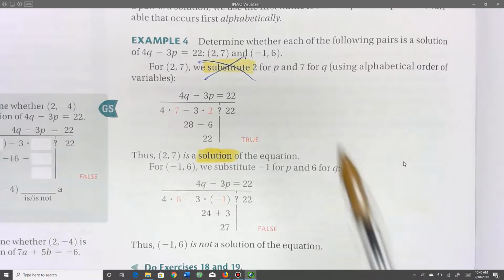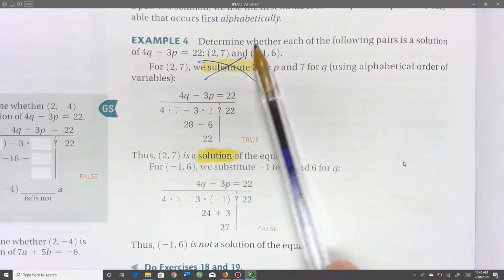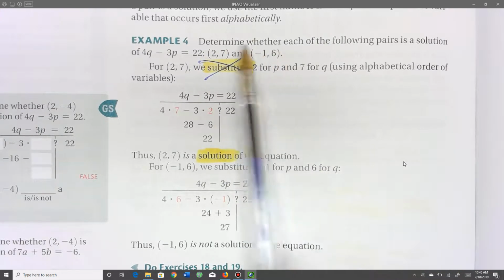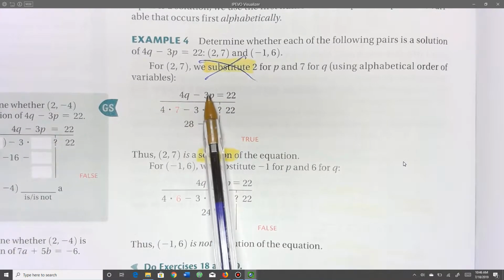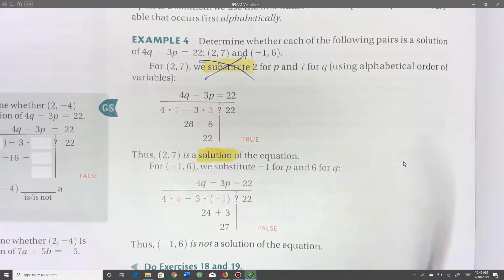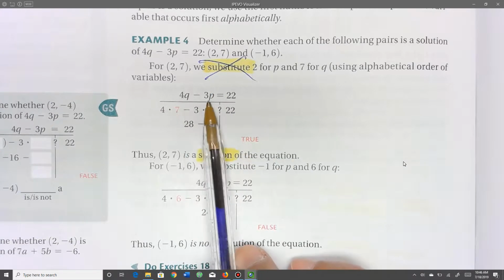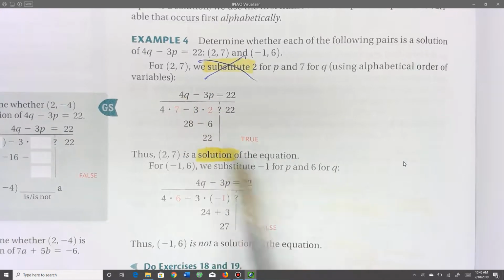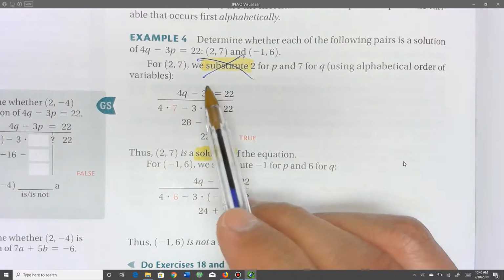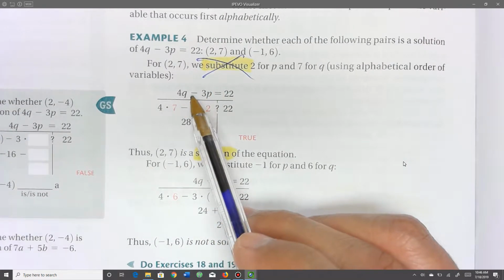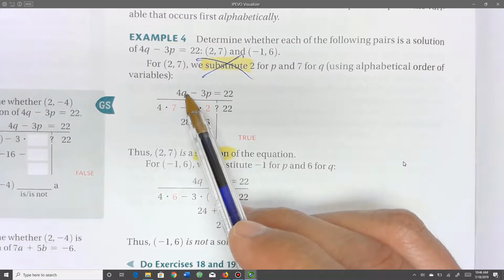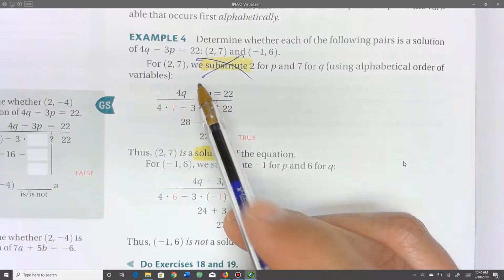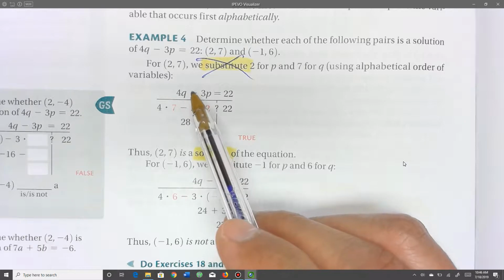Okay, so all that means is, again, which of these ordered pairs, when substituted for your x and y variables, well, in this case they chose P and Q, because you can choose any variables really, as long as you use the alphabet.